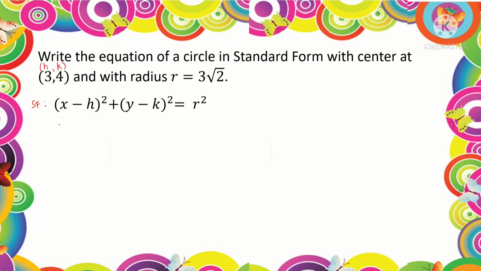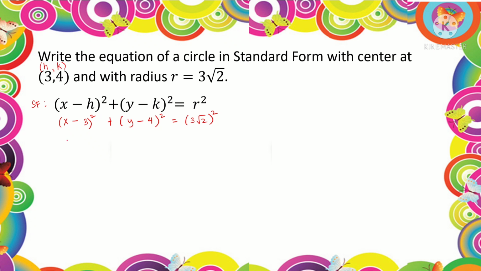Substitute. We have x minus the value of h, which is 3, to the power of 2 plus y minus the value of k, which is 4, to the power of 2 equals r, which is 3 square root of 2, to the power of 2.